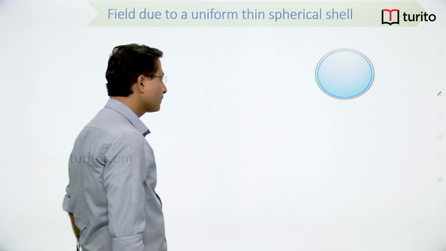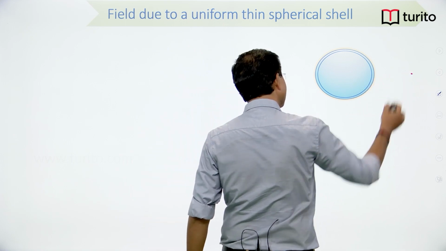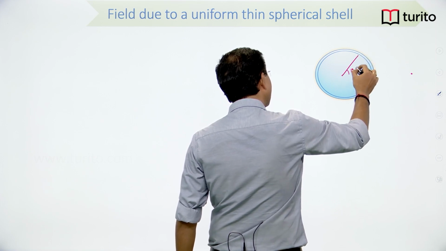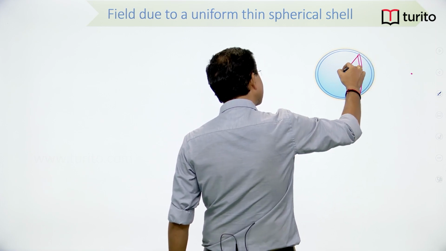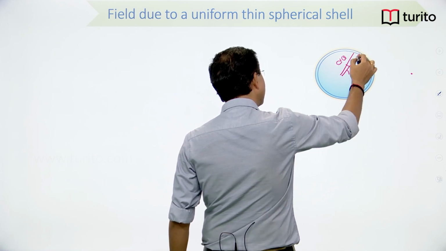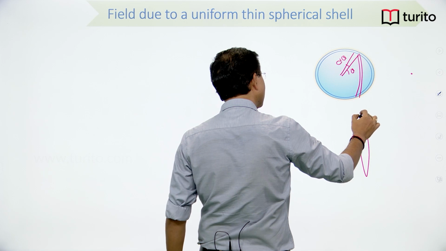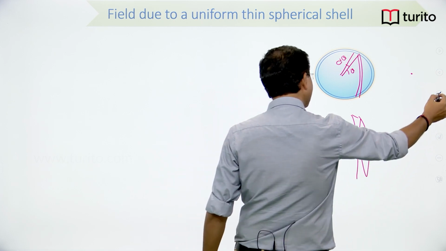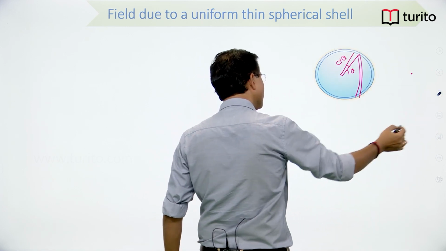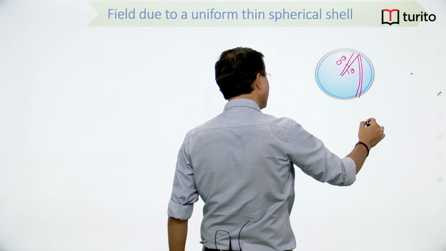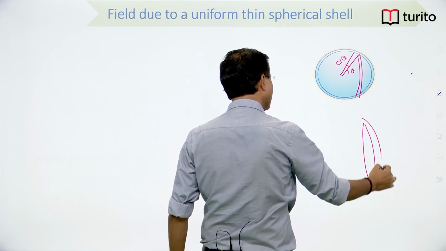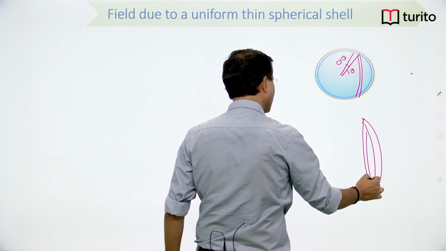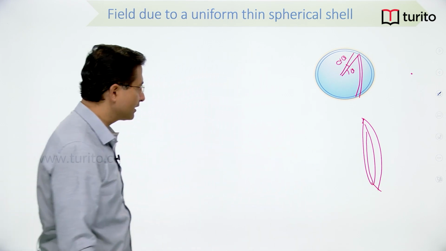Same way for an outside point, again at an angle theta, I can take a ring subtending angle d theta, and because of this ring, look at this one, because of this ring, I hope this diagram is clear because it is in 3 dimensions, right.